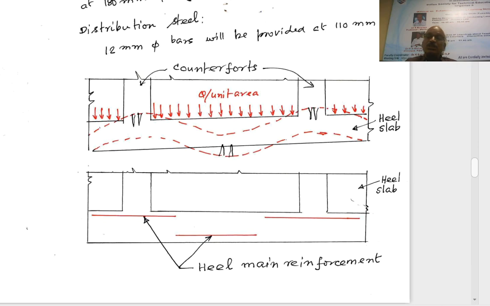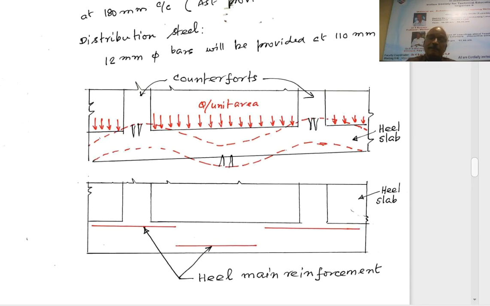So in the longitudinal section, this looks like rods, lines. In the cross section, it will look like dots or small circles. So this diagram, please see this once. We'll go back to the cross section. Midway between the counterforts, the steel is at the bottom. At the counterfort section, the steel is at the top.